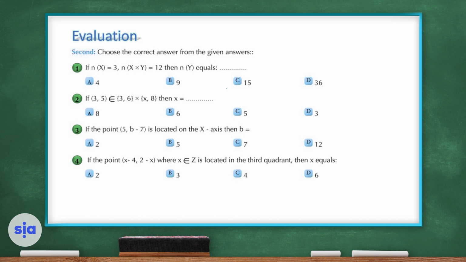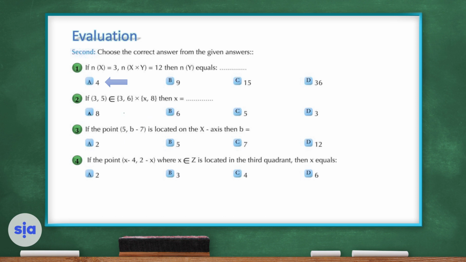So for sure, you're going to calculate it easily. 3 times what equals 12? 3 times 4 equals 12. So the right answer in question 1 is 4. Let's move on. If (3, 5) belongs to set {3, 6} multiplied by {x, 8}, then x is equal to what?